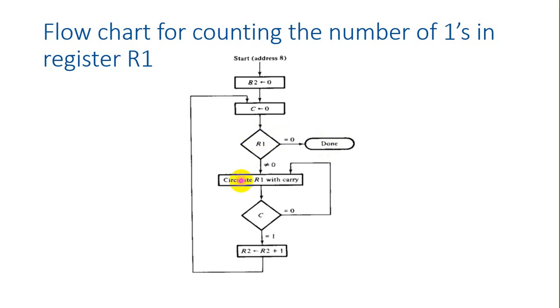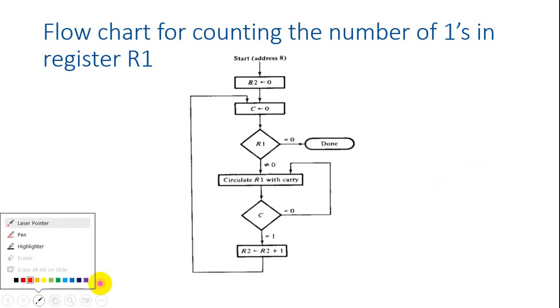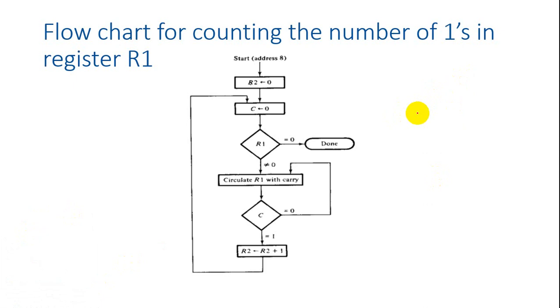So what we do? Circulate R1 with carry. When you circulate R1 with carry, let me draw something. Suppose this is an 8 bit register.